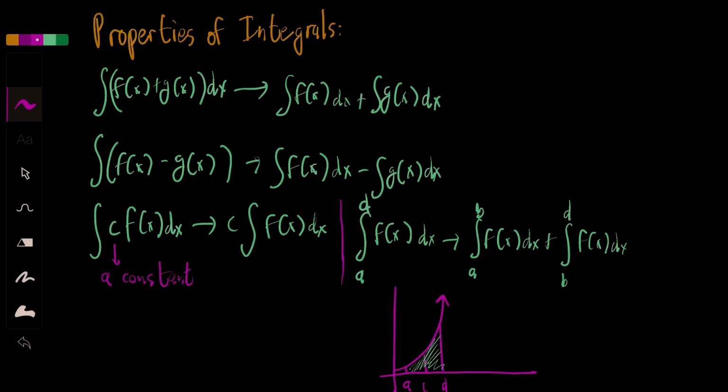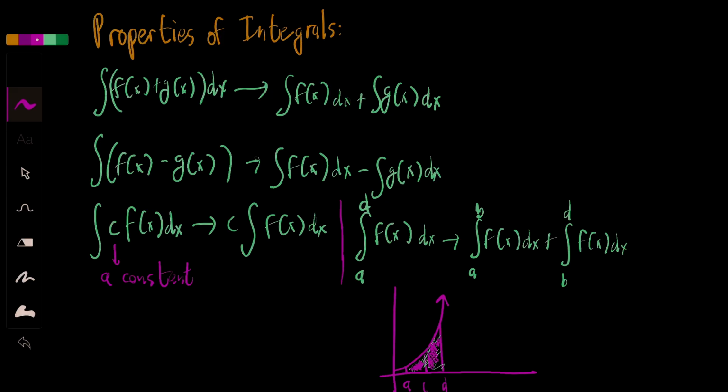But if we have it from a to b, it fills in the first area, and then b to d fills in the second area. If you add those two areas up, it still equals the original area, and an integral is just finding the area under the curve. So that's one of the biggest things specific to definite integrals only.